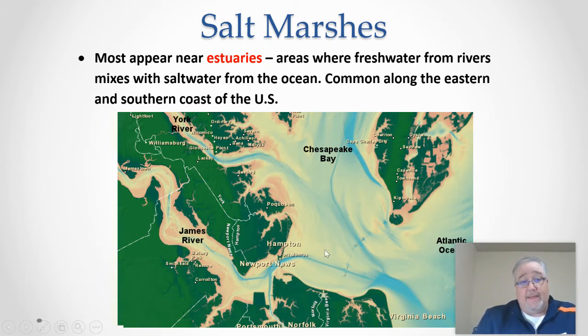So anytime you get fresh water, like that in the James River, and salt water, and they meet head on, that's what we typically call an estuary. An estuary is a mix of salt water and fresh water.